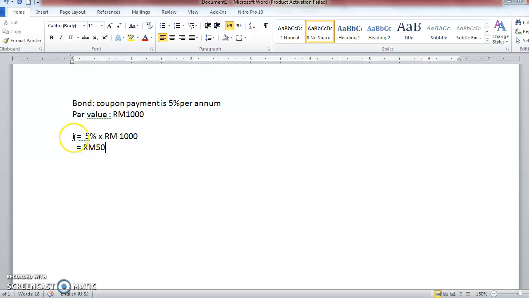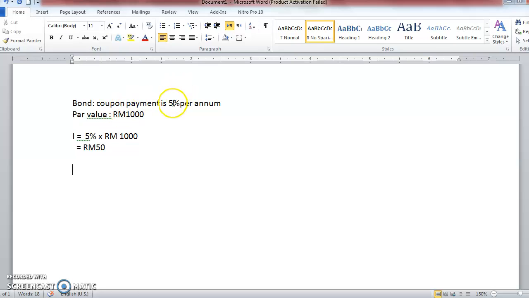So this is for the I. Remember, many students will simply put 5%, so they will get the wrong answer. It's actually 5% times 1000. You have to convert this coupon into RM first, so it's easier.